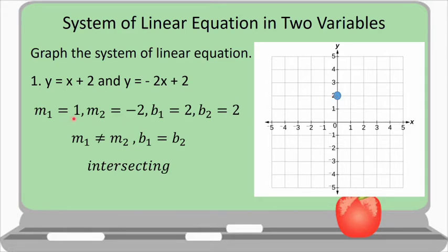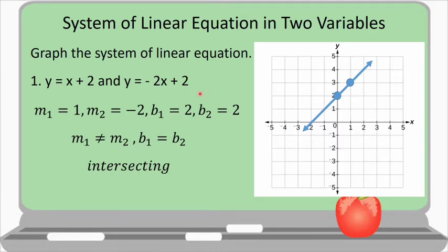Using the definition of slope, rise over run, we have 1 over 1, so we go 1 upward and 1 to the right. This will be the location of the second point. Now let us connect these 2 points using a straight line. This will be the graph of y equals x plus 2.